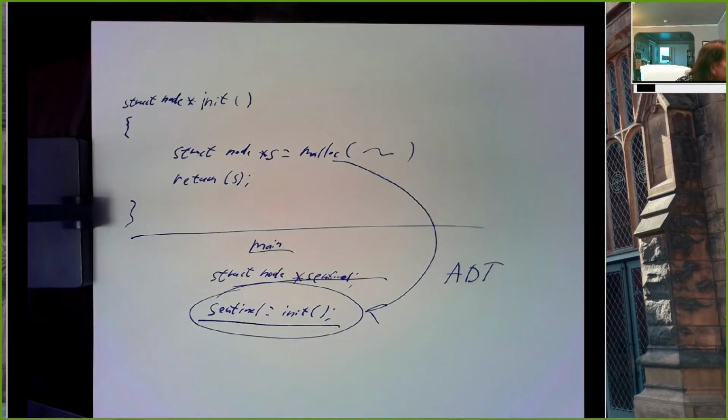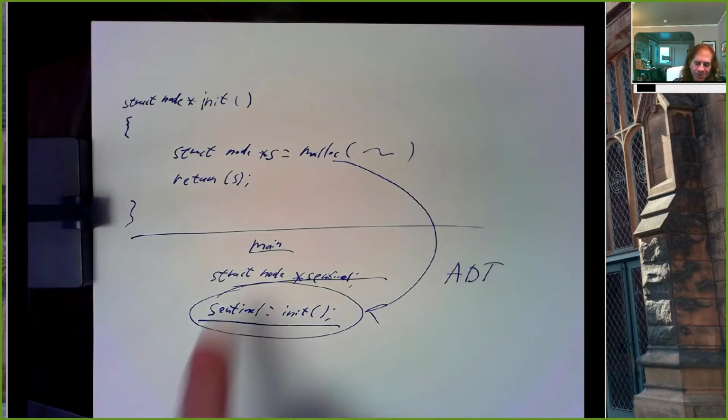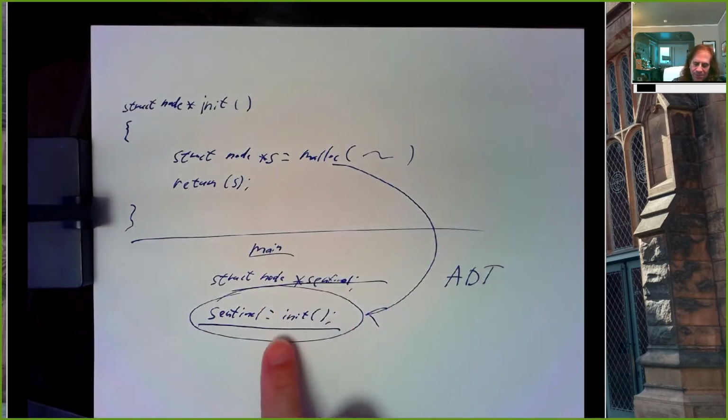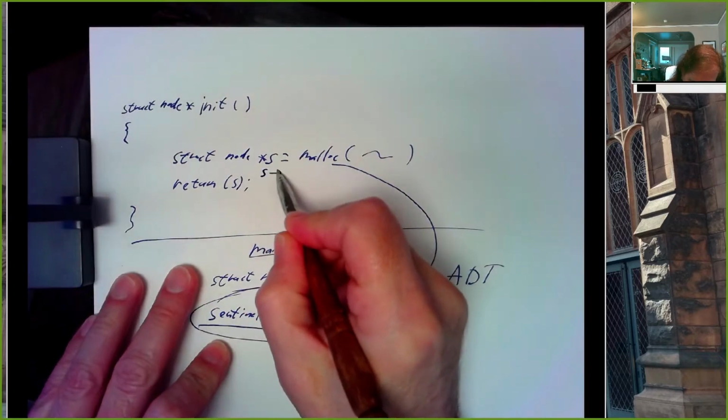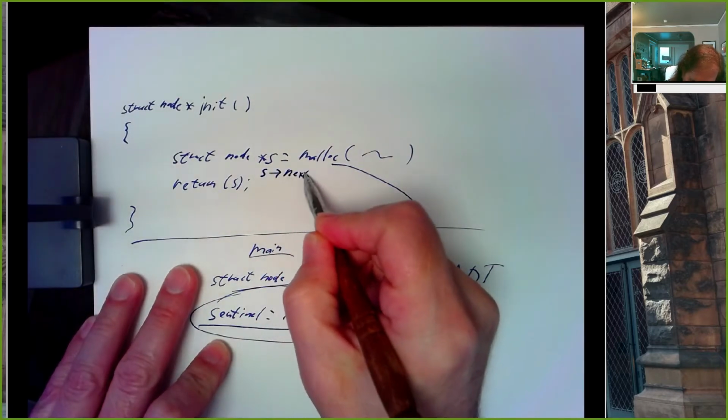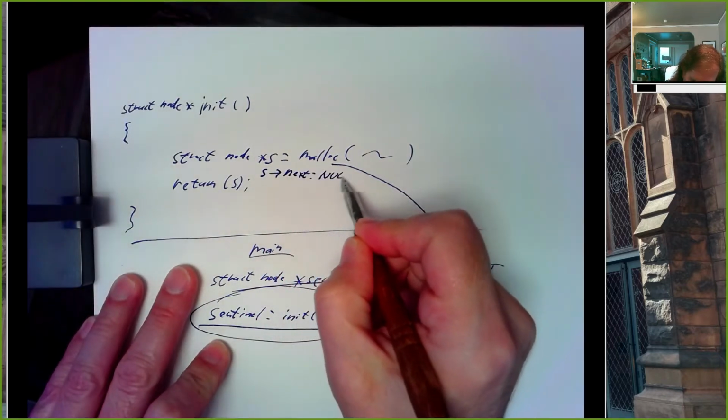Question in chat: how do we get the pointer to actually become the address of the data? If I know what you're asking, this is just a pointer. It's just some location in memory. But inside init, I might also do something like s arrow next equals null.